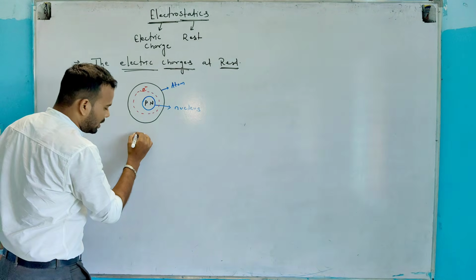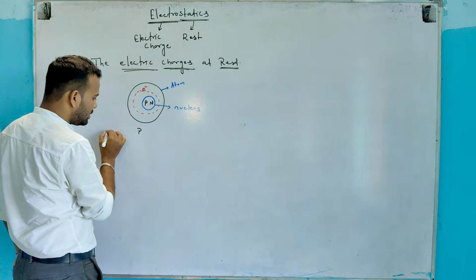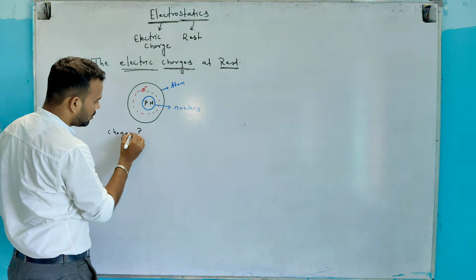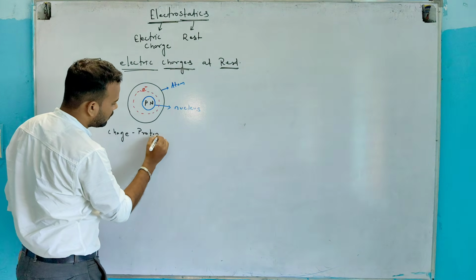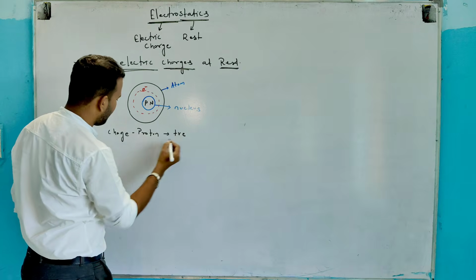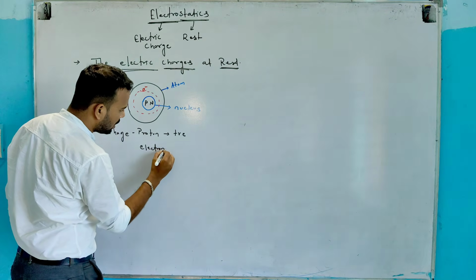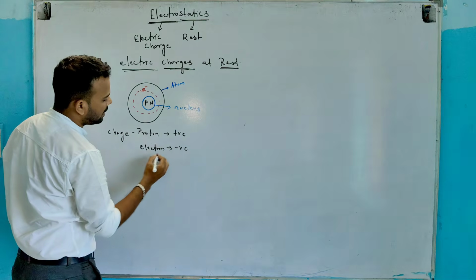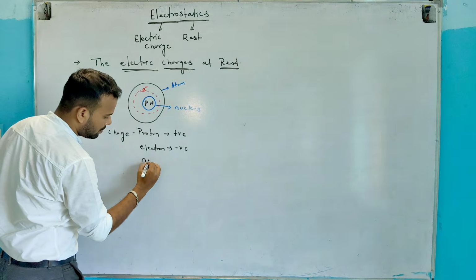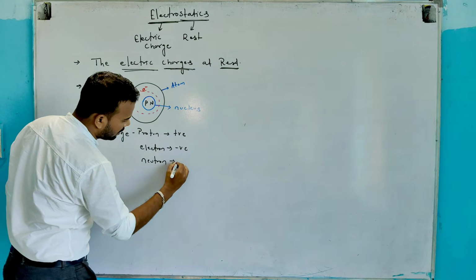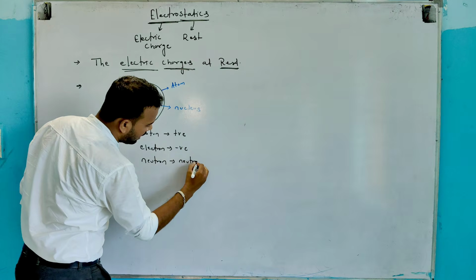The charge of a proton is positive, charge of an electron is negative, and charge of a neutron is neutral.